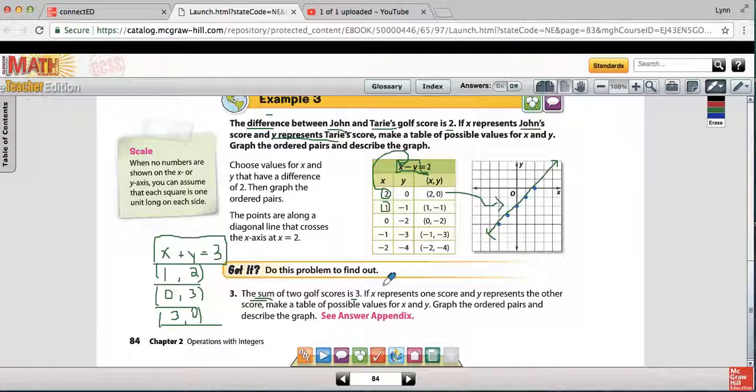Finally, on your note sheet, you just need to come up with something that you need to remember about graphing ordered pairs. I know a lot of students get confused when they're graphing ordered pairs with zeros. They forget which axis to go on, so I'll see a lot of (0, 3) plotted on the x-axis, and I'll see a lot of things like (4, 0) plotted on the y-axis.